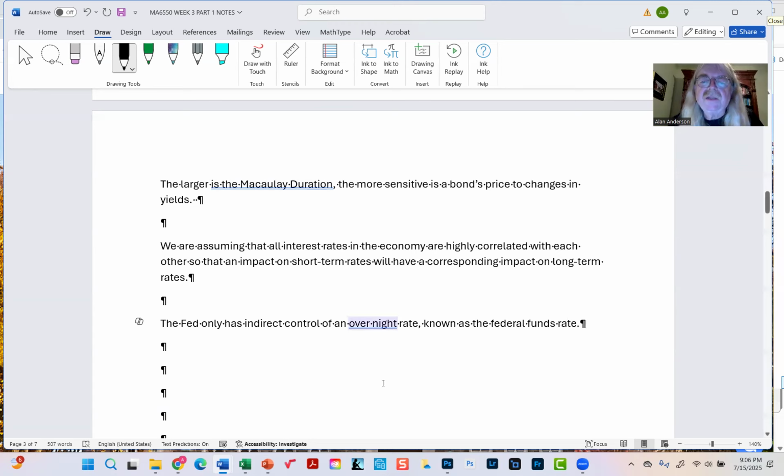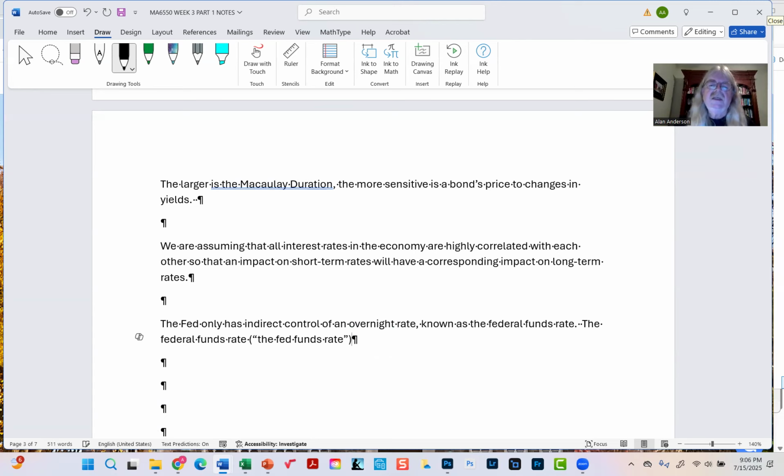Now, the federal funds rate is the rate that banks charge each other for overnight loans. Sometimes it's just called simply the Fed funds rate. Now, why are they borrowing from each other?